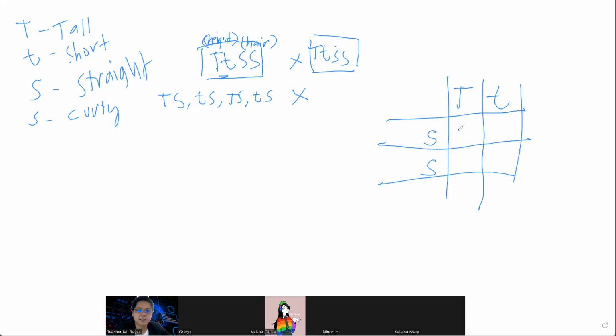So let's start again from the genes of height to the hair.